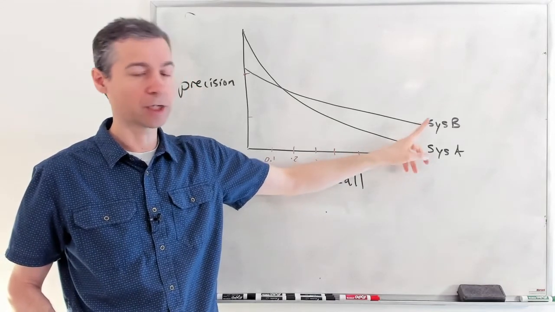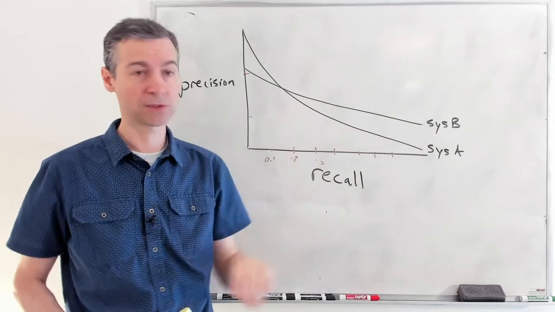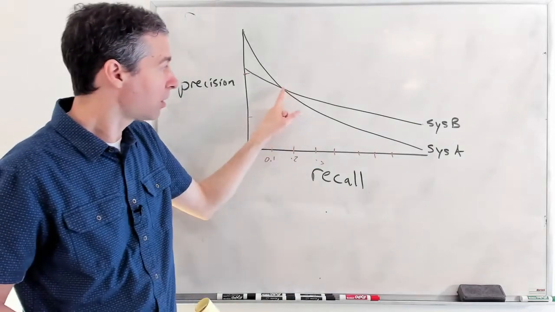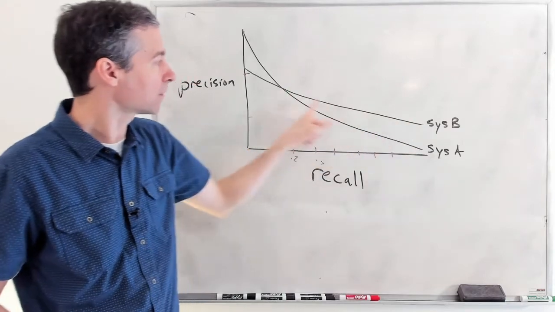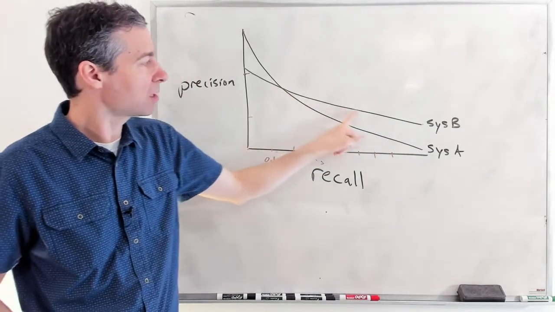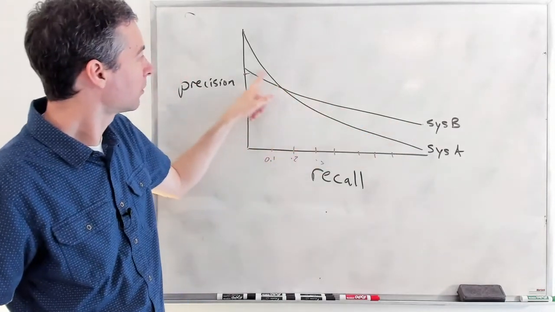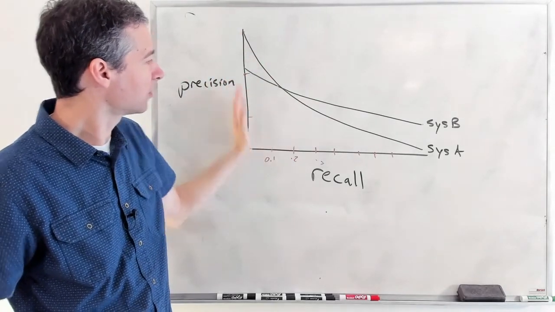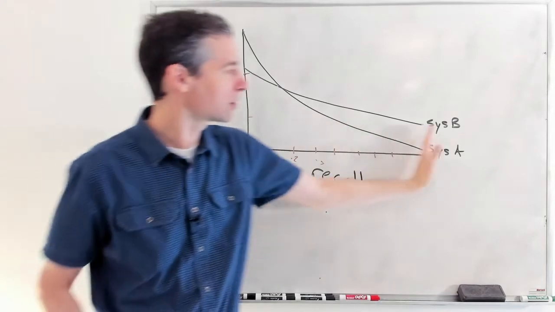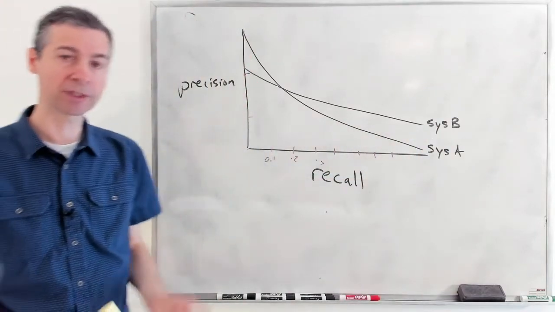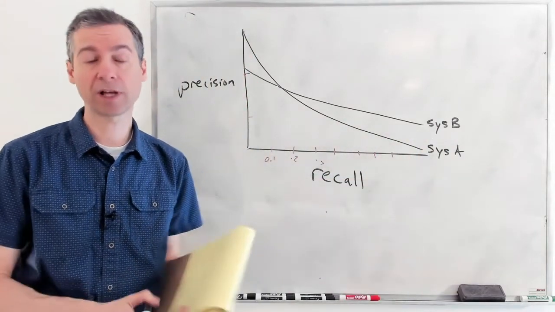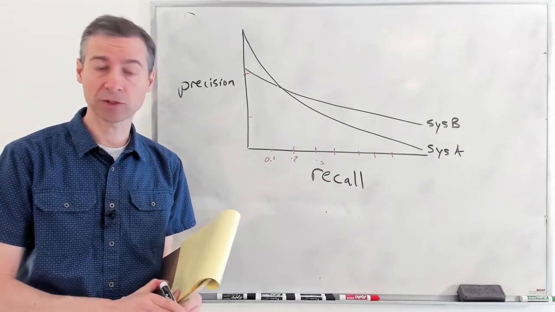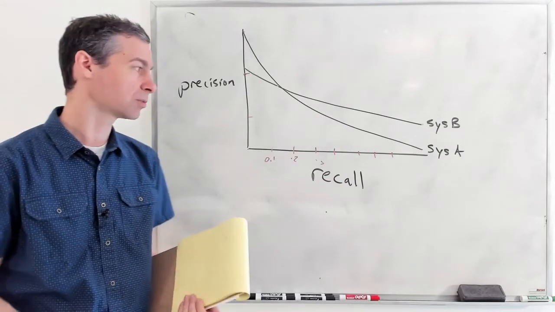With system B, which has higher precision, to get to 100% recall in total, you had to look at fewer documents. So at these recall levels, system A is superior, but at these recall levels, system B is superior. And again, superior is how many documents you are having to look at to find your relevant documents. What's your precision at those recalls?